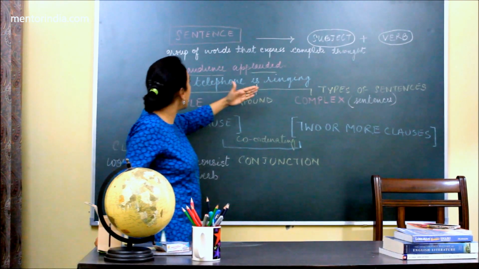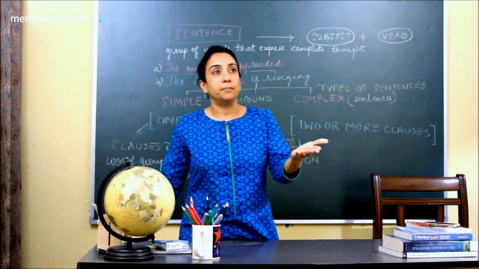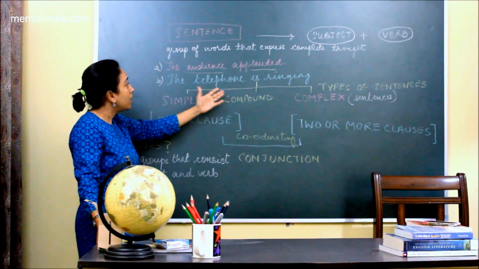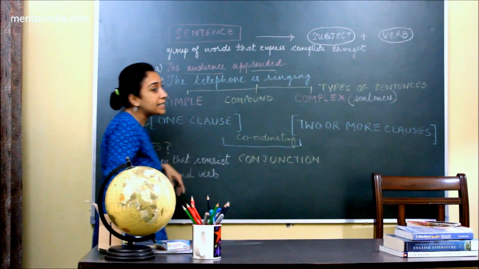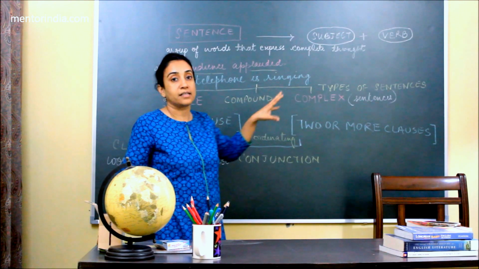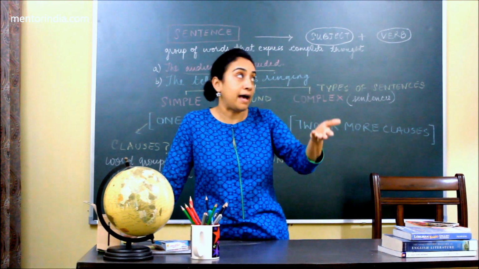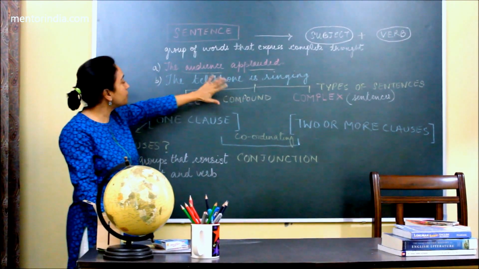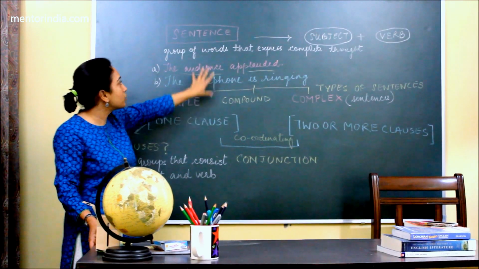In the first one, I am talking about a subject and the verb, which is a complete thought, and in this also we have a subject and a verb. Why we've added "is" in this sentence is what we're going to learn in another class that we have on tenses, right?